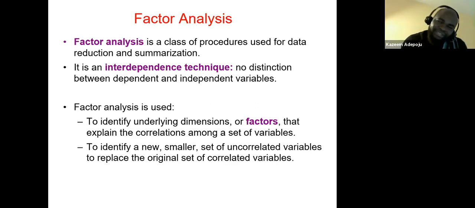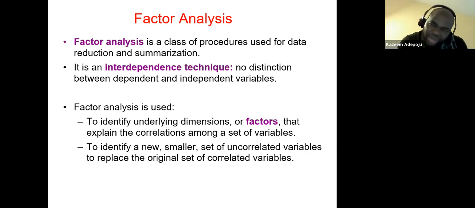Factor analysis will enable us to trace the hidden factors, the latent variables, that actually cause the input variables to be correlated. I told you the other time that things don't just happen. There's always something that causes things to happen. We're in a world of cause and effect. There's always going to be causation.